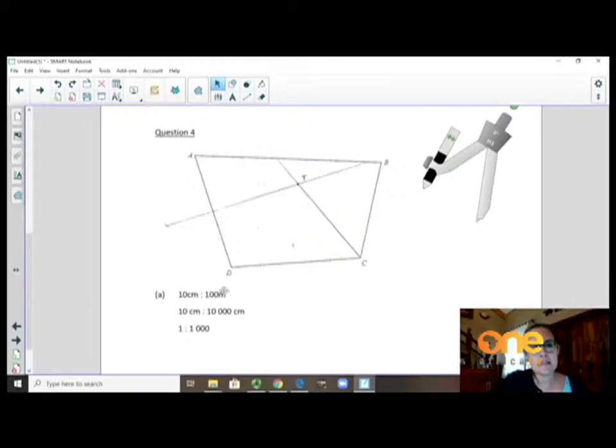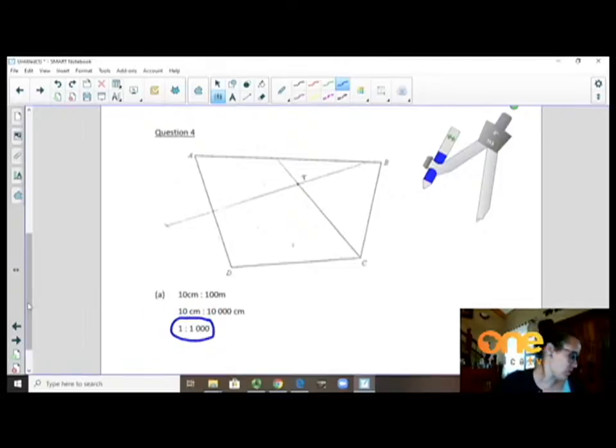But remember, we need the same units. So we change the meters to centimeters, multiplying by 100. And then we simplify our ratio to get to our ratio of 1 to 1,000. So that is our ratio 1 to 1,000.